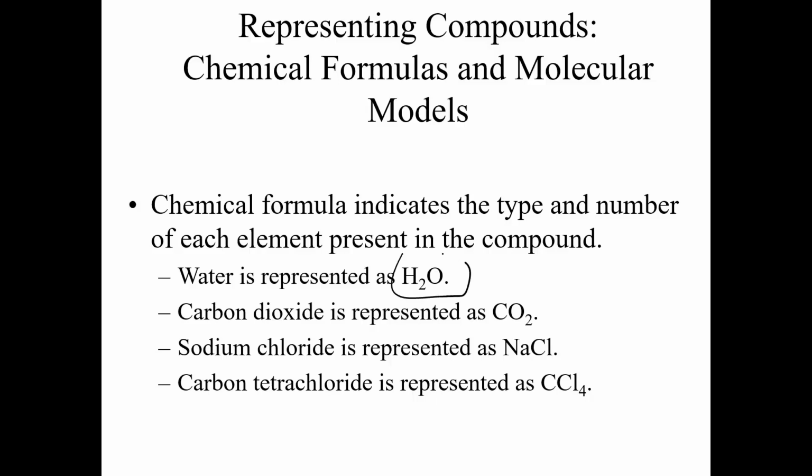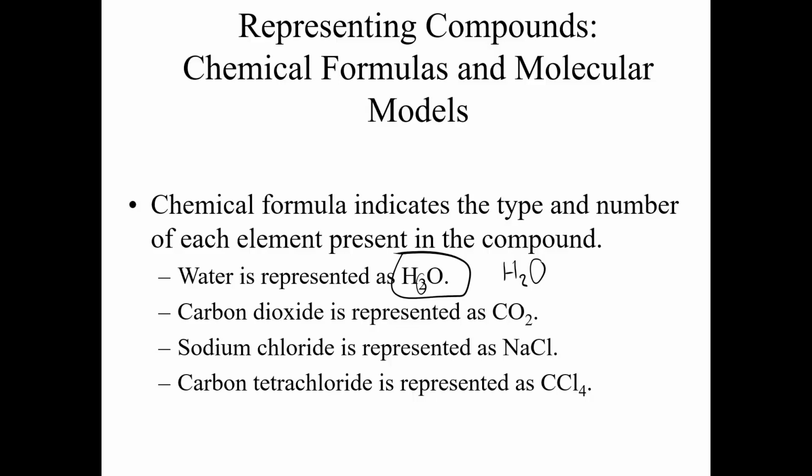And so we write it as such. We write the hydrogen, that's the first element present in this compound, and we put a little 2 indicating that there are 2 hydrogens per water molecule, and there's 1 oxygen. And so we don't write a little 1 here, it's understood. Same with carbon dioxide. There's 1 carbon and 2 oxygens. Sodium chloride 1:1.